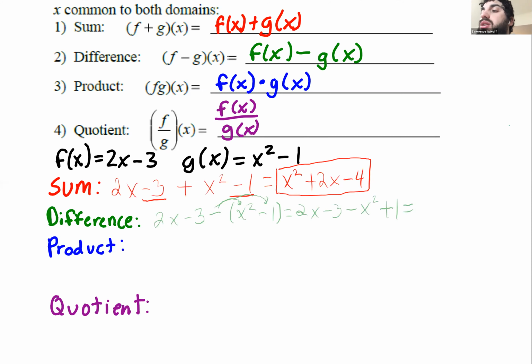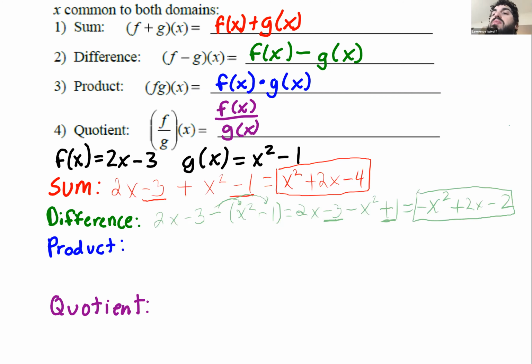So again, just combine like terms. Nothing combines with the x squared, so negative x squared. Nothing to combine with the 2x, so just plus 2x. However, the negative 3 and plus 1 can be combined to give me negative 2. I'm just going to leave it as that.